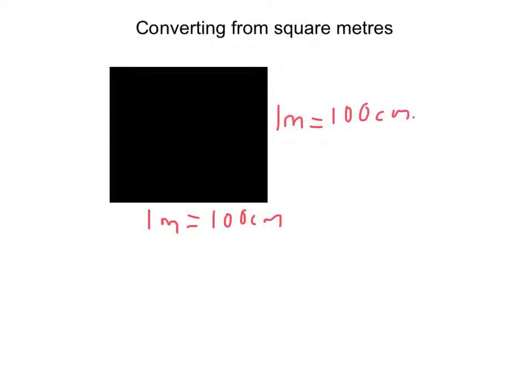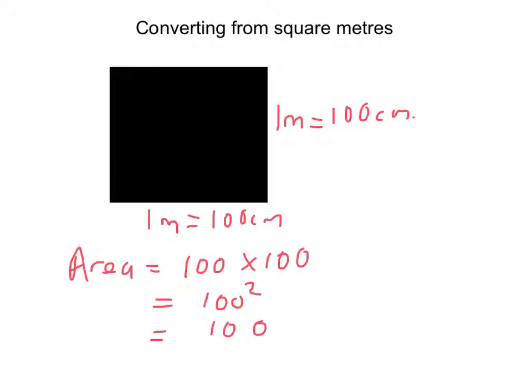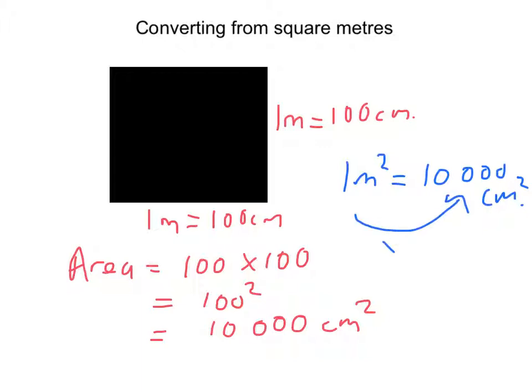So the area is equal to 100 multiplied by 100, or 100 squared, which gives us 10,000 square centimetres. So we can say that 1 square metre is equal to 10,000 square centimetres. In order to convert from metre squared to centimetre squared, we'd need to multiply by 10,000.